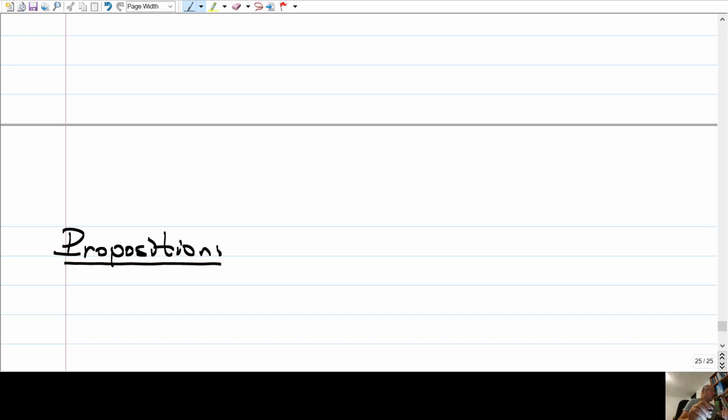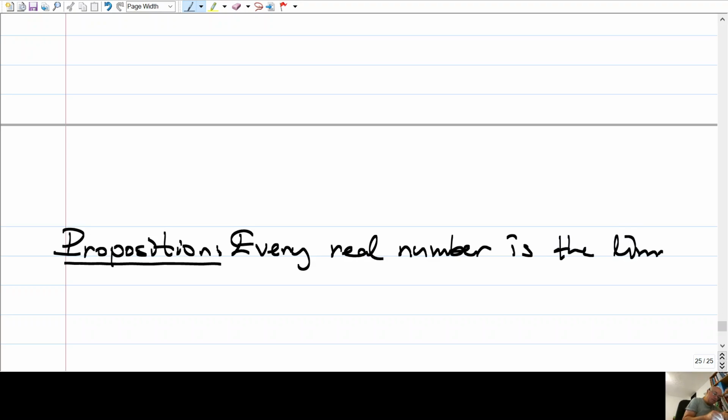It says the following: every real number is the limit of a sequence of rational numbers.